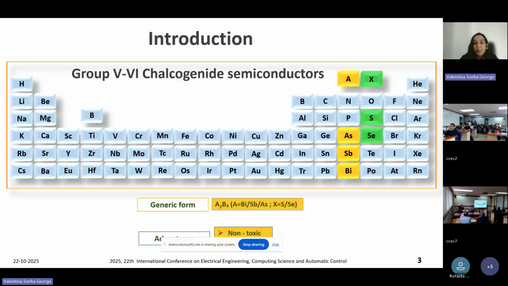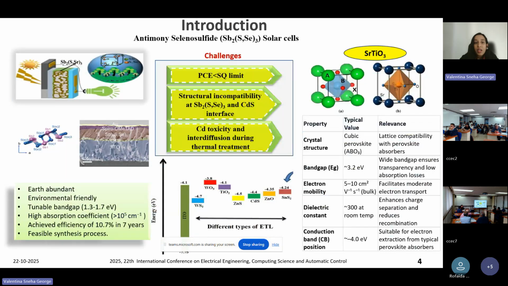Specifically, we are working on antimony selenosulfide, which features a one-dimensional crystal structure which favors the transport along the 001 orientation. And further, they have a tunable band gap and they also possess high absorption coefficients.